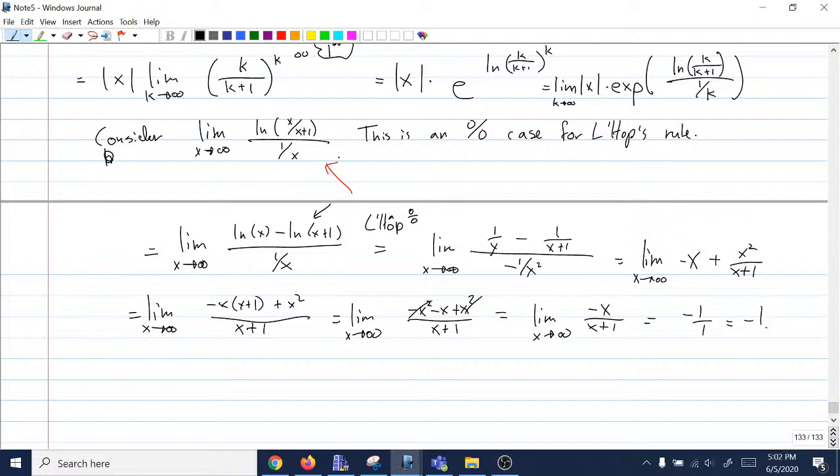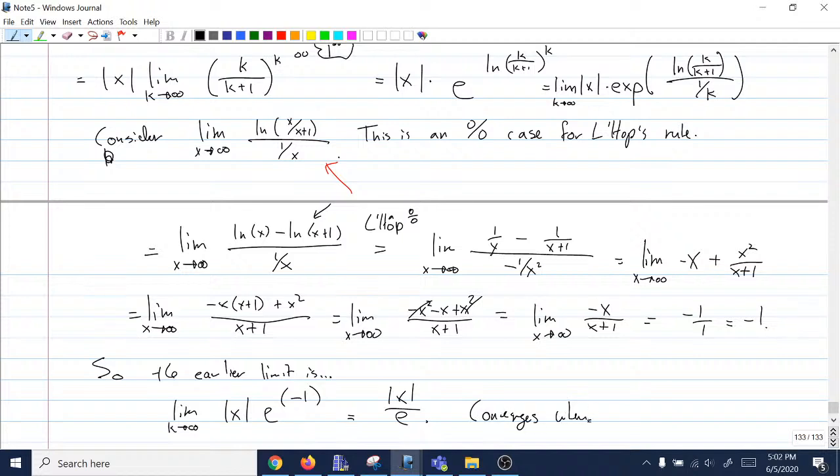Boo! So the earlier limit is, limit as k goes to infinity, absolute value of x times e to the something that we just concluded goes to negative 1. It's absolute value of x over e. Converges when absolute value of x over e is less than 1.